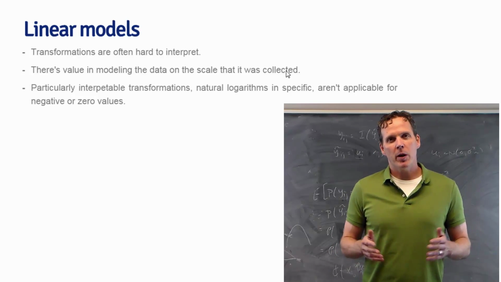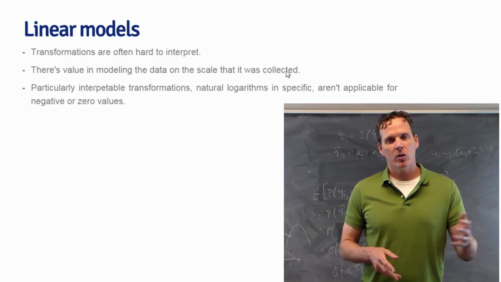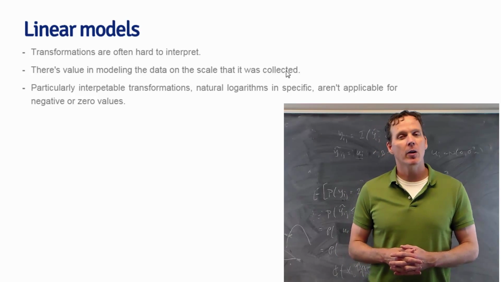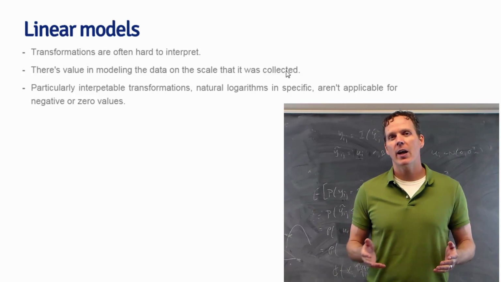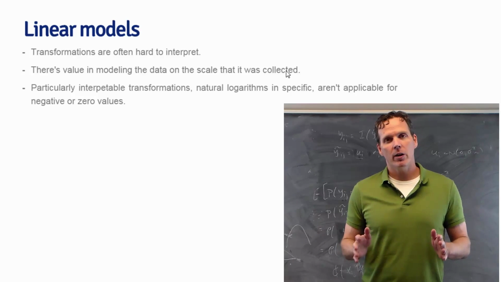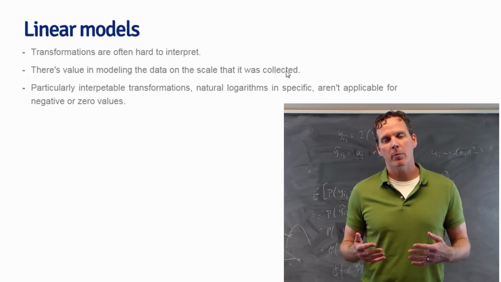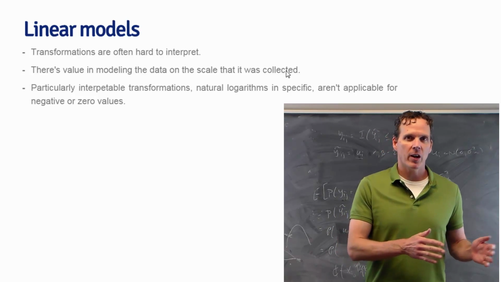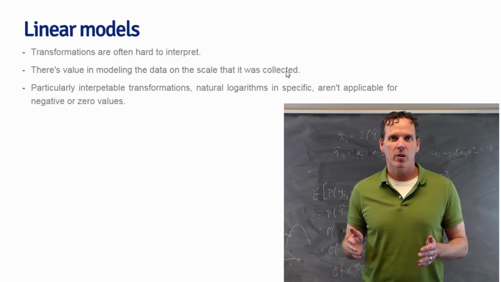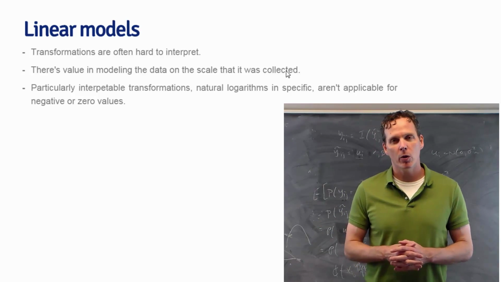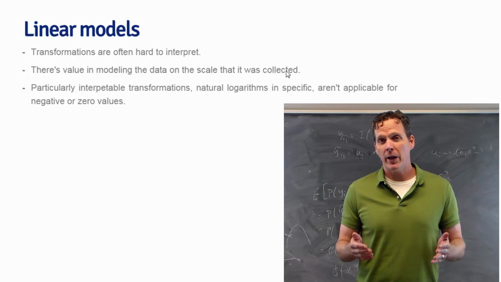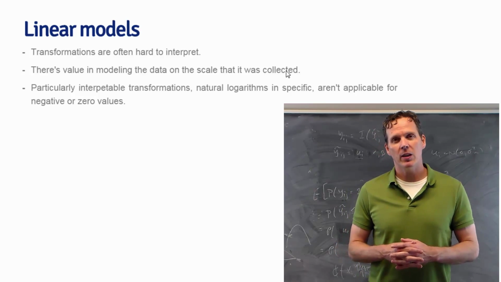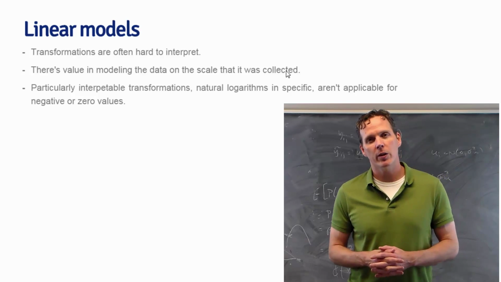On the other hand, you might try transformation. A common transformation when your outcome has to be strictly positive is to take the natural log of it. Natural log is, in my mind, perhaps the most interpretable transformation possible. Putting that one to the side, there are lots of other transformations available to try to make our data more normal, such as for binomial data, people often will take a so-called arcsine square root transformation.